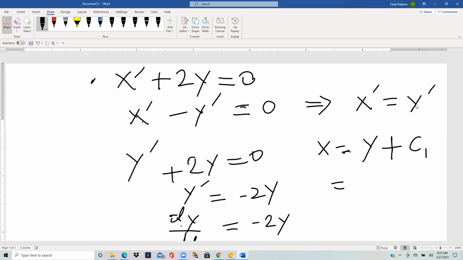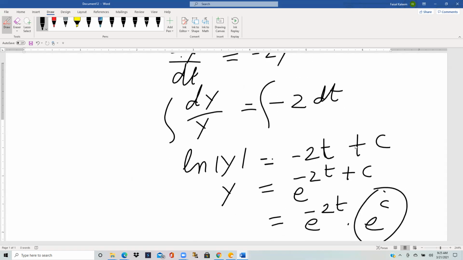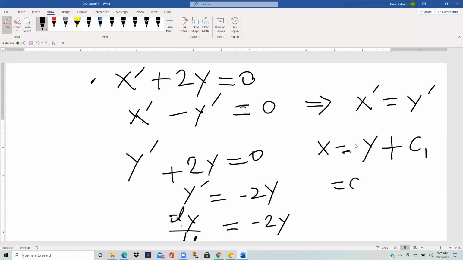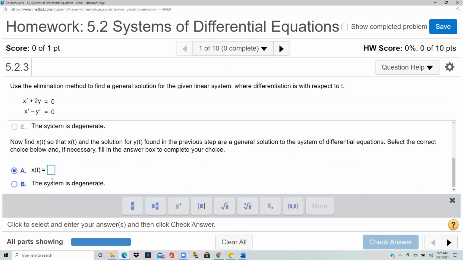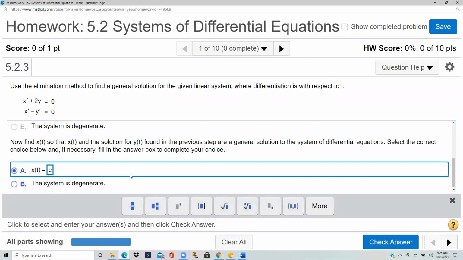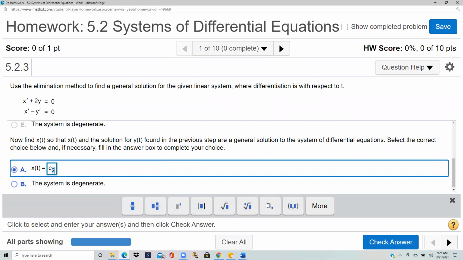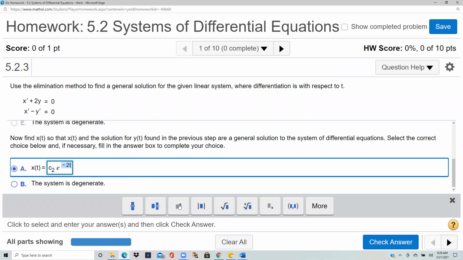So y is c2 e to the negative 2t, so x is c2 e to the negative 2t plus c1.